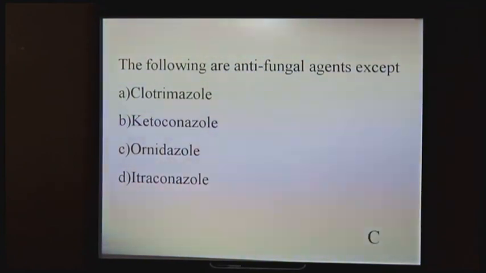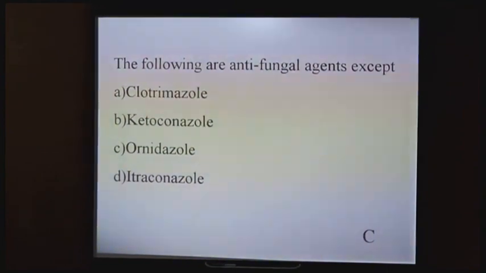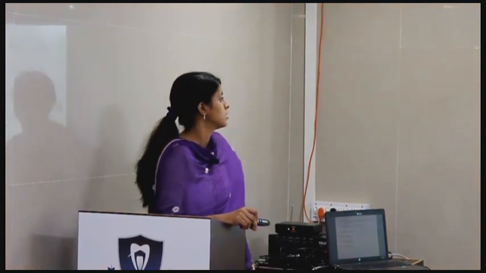Everything becomes an azole, so that's again a confusion. And there's one more drug called co-trimoxazole. So be very careful, yes, it's an antibiotic. It's not an antifungal. It's a combination of sulfamethoxazole and trimethoprim. So you should be very careful of clotrimazole and co-trimoxazole.